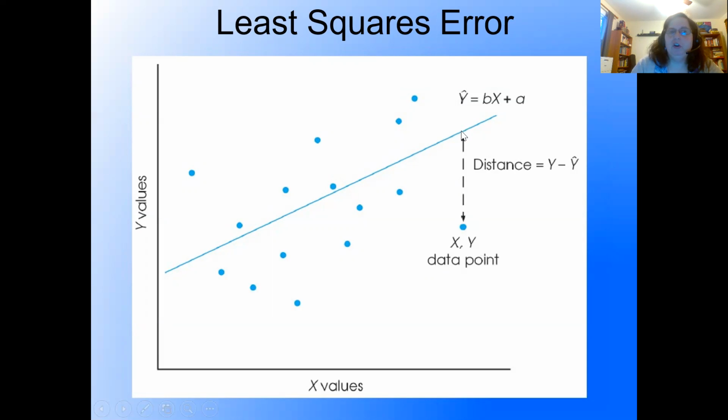So this distance of y minus y hat is our error. Again, this distance between our y and our y hat is our error.